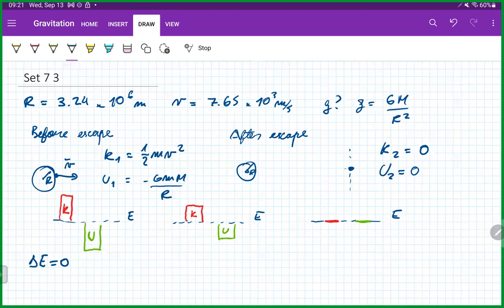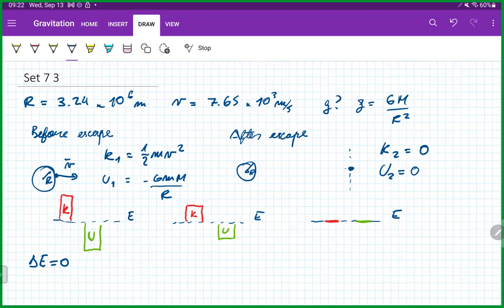There are no dissipative forces, like the atmosphere, which would slow down the object even more, not just because of gravity. In this case, it's not saying anything about atmosphere or any viscous interaction. So we can say that the total mechanical energy is conserved. We have conservation of energy, and that means delta E equals zero.